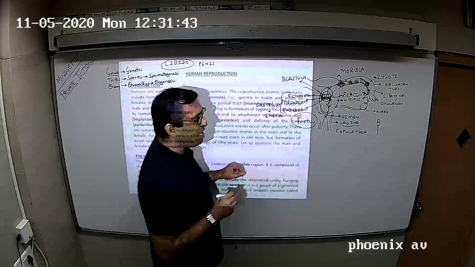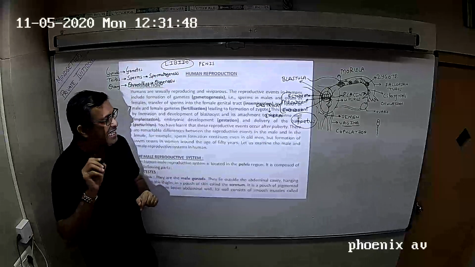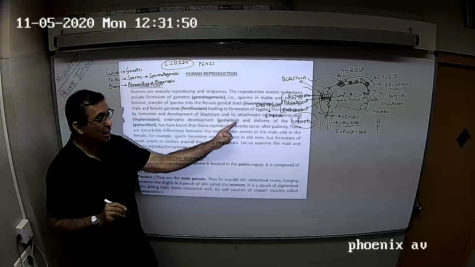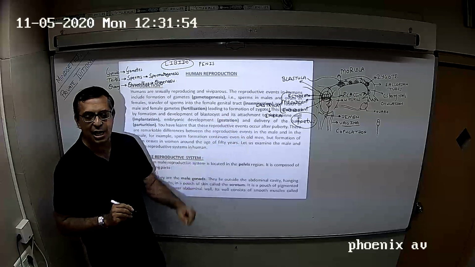The fetus develops for 9 months, and that time period is called the gestation period. What is that time period called? Gestation.